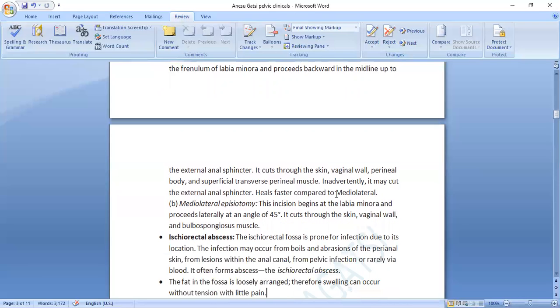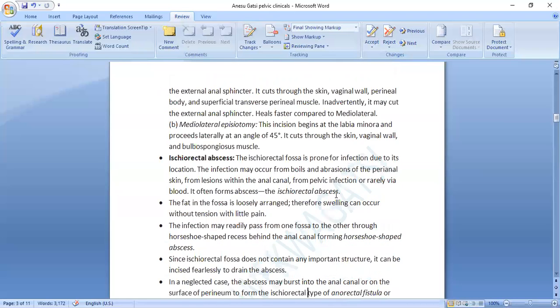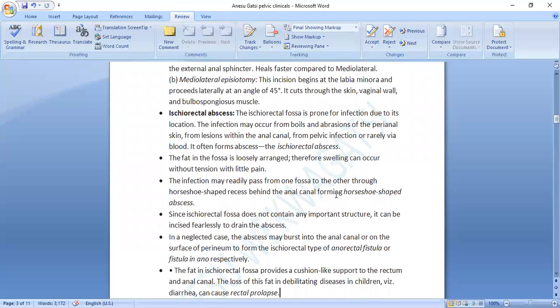Then coming to what we were talking of as the ischial fossa. The ischial fossa is a space bounded medially by the levator ani, and then the obturator internus muscle on the other side, and they meet to form the tip. In this ischial fossa, we find fat, then we have a pudendal canal that has the pudendal vessels, then it's crossed by the inferior rectal vessels as they gain access to the anal canal, being branches of the pudendal vessels.